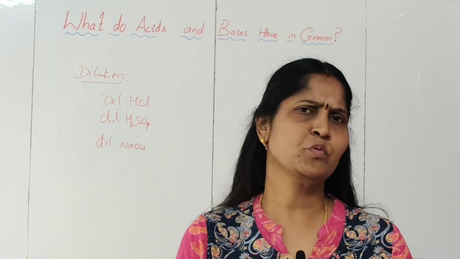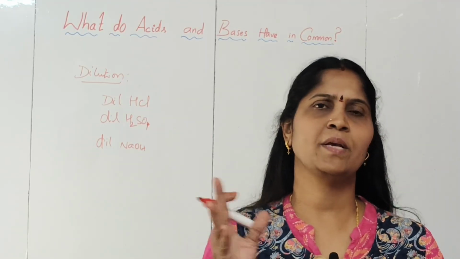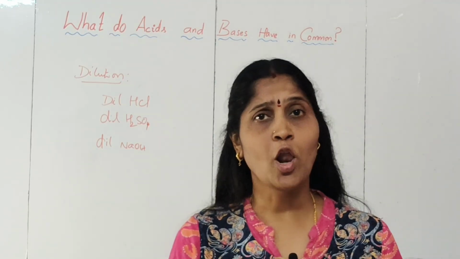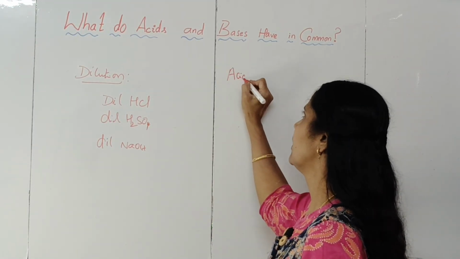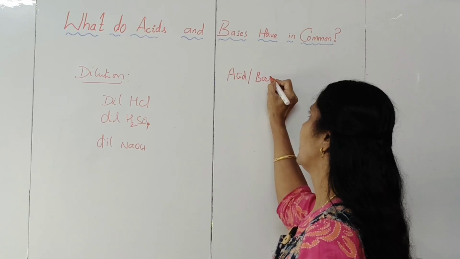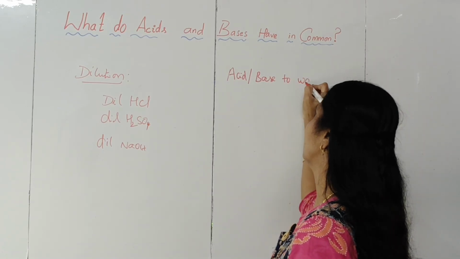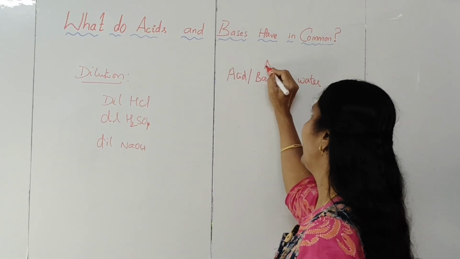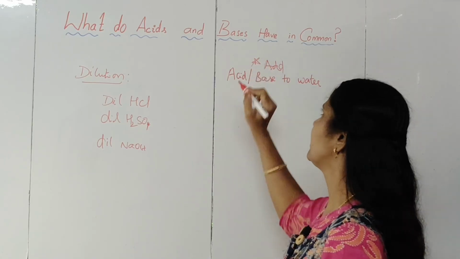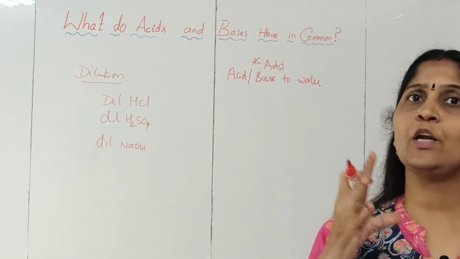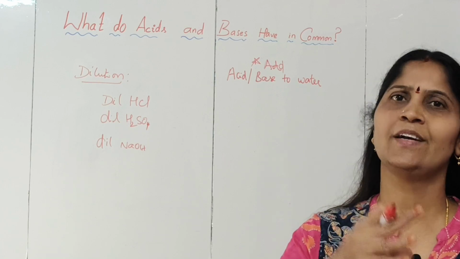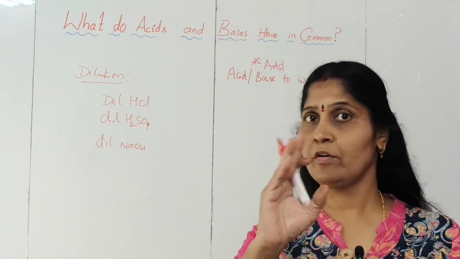One thing you have to remember when you are mixing water and acid is to always add acid or base to water. You have to remember this point very importantly during dilution. Always add acid or base to water, but not vice versa.